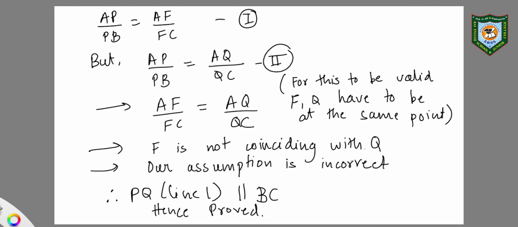Now this is the proof that is related to basic proportionality theorem and converse of basic proportionality theorem, and this is how you have to write. Make sure that all of you write what is given in the question, because if you do not write what is given in the question, you will not be receiving any marks for that particular part of the solution.